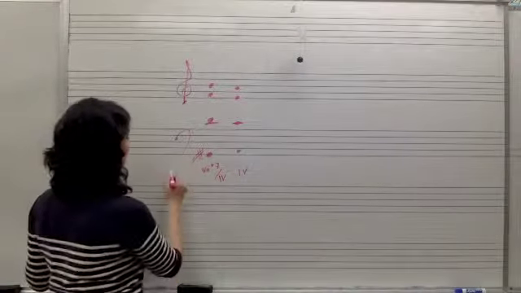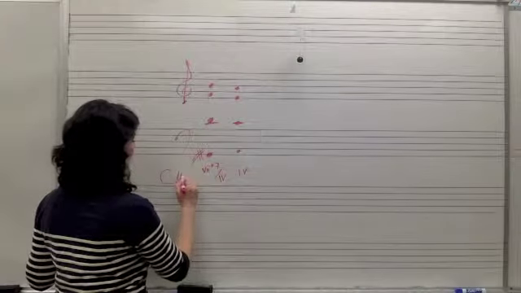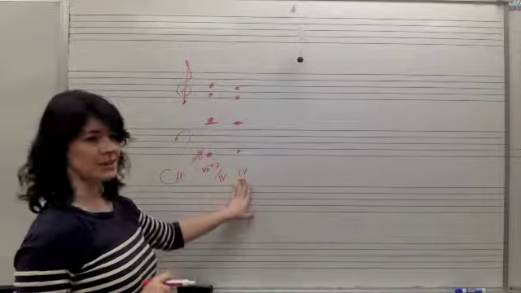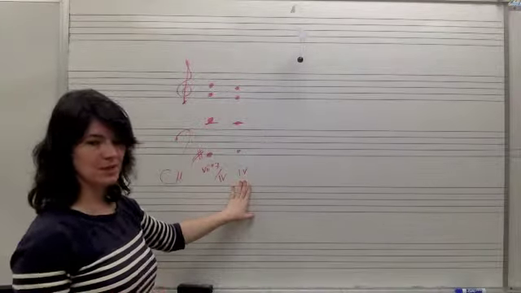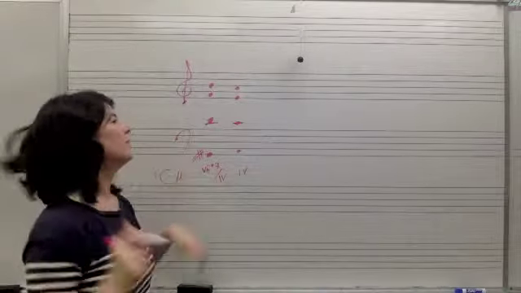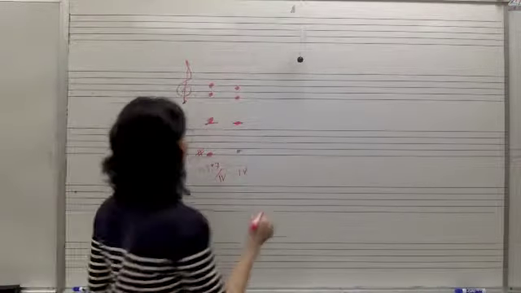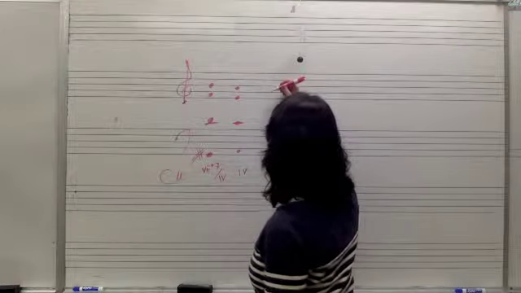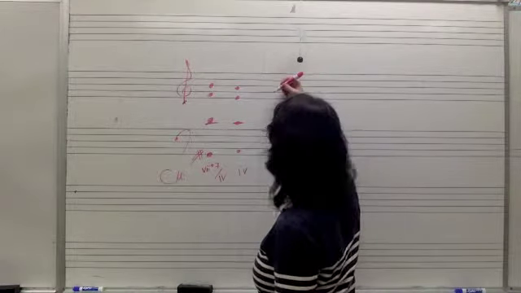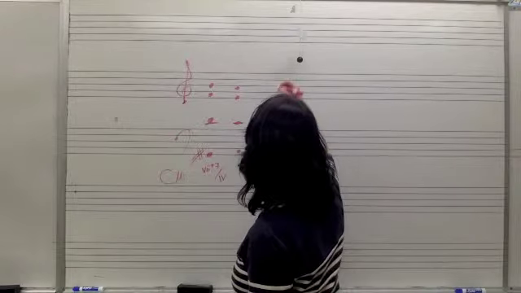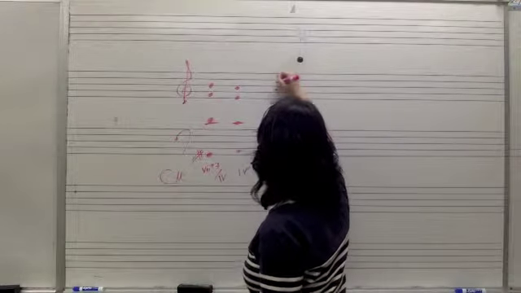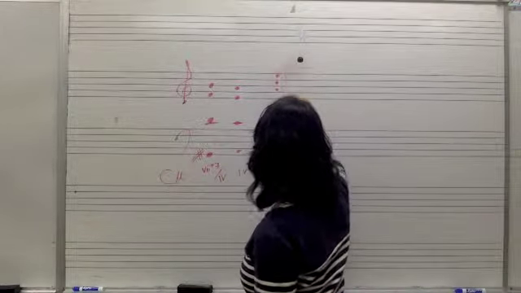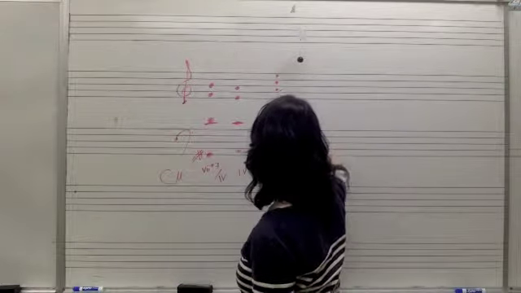Oh, again, we're in the key of C major. So the 6th chord in C major is a D chord, right? Wait, A, sorry. So we've got A, C, E. So this is our natural 6th chord.